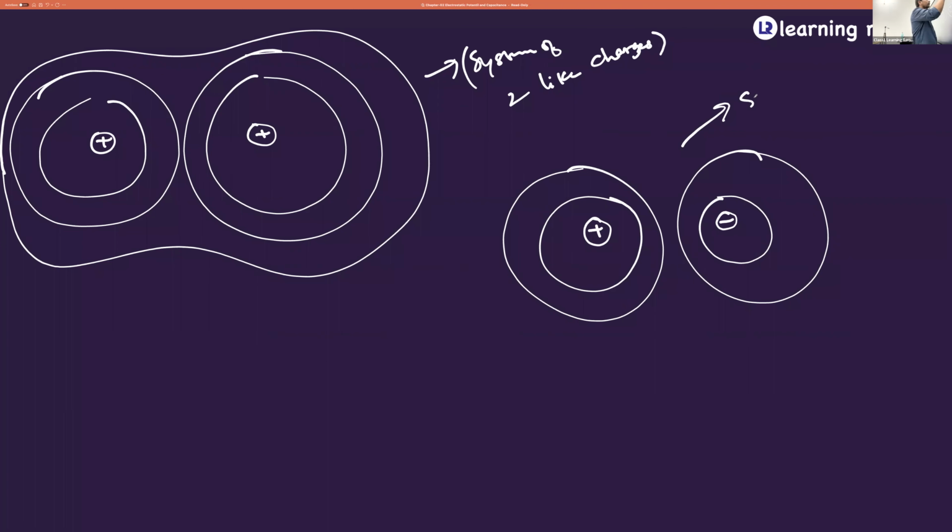This is for a system of two unlike charges. Am I clear with this? Clear? Yes, sir. So this is very, very important.